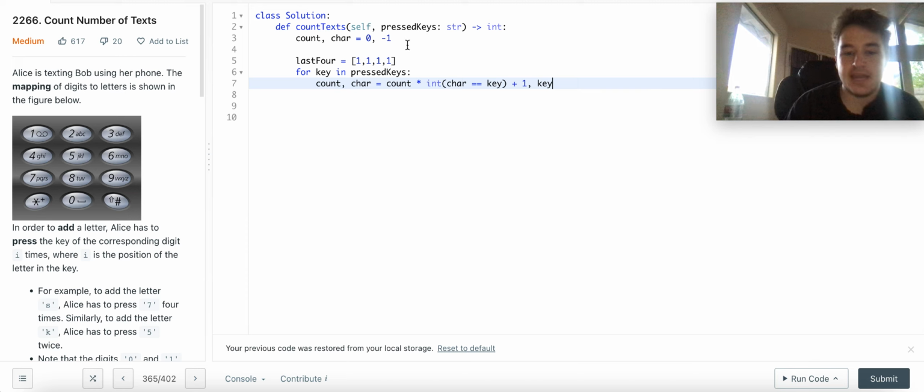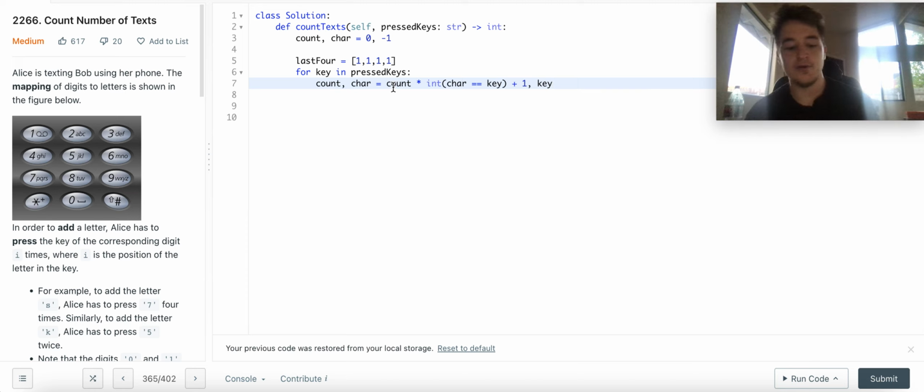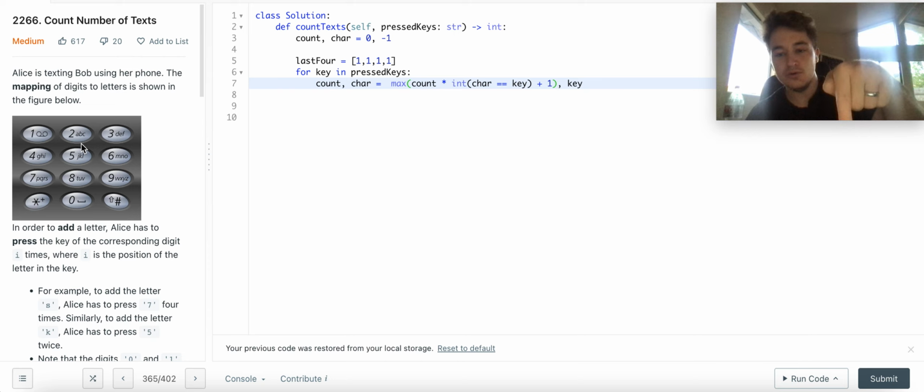Now, your count can't get greater than what? Well, it can't get greater than 3, because after you see something 3 times in a row, like for DEF, let's say for the number 2, the largest count you can have is 3, because that's the last 3 things you can consider. Because if you type 2, 2, 2, 2, only 3 of those things at max would map to a unique number.